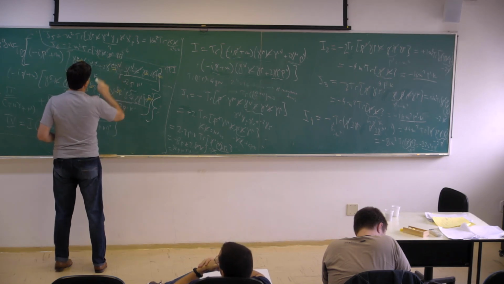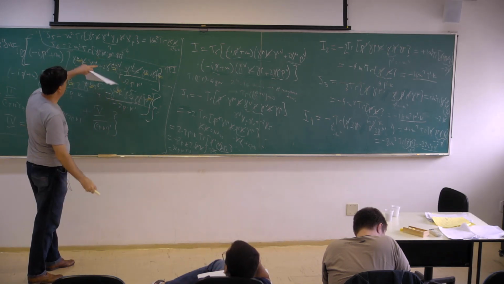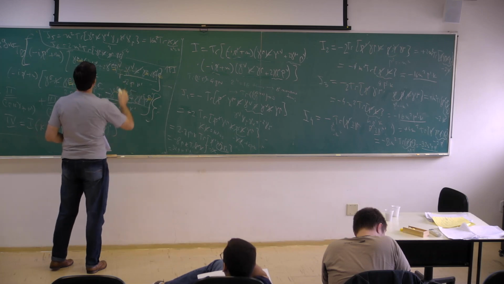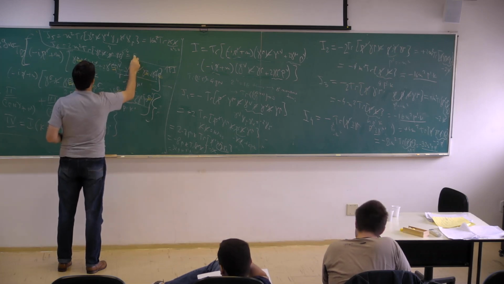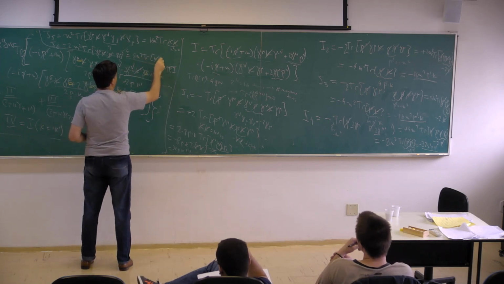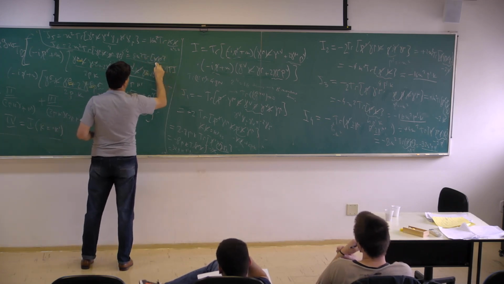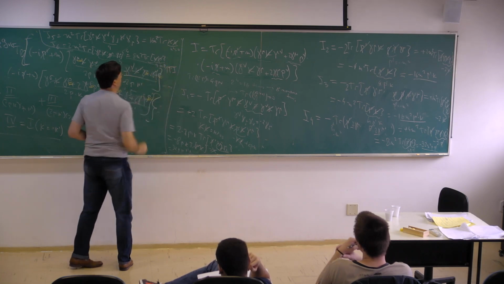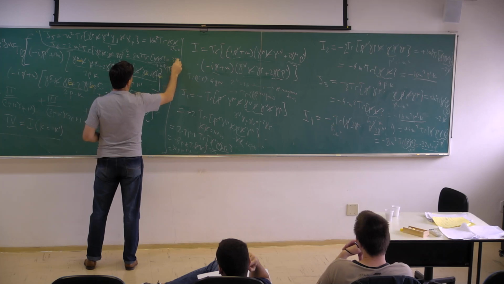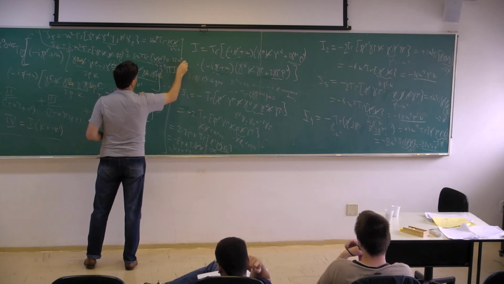And then again, by cyclicity, I put gamma mu in the last position. And gamma mu is 4. So this is 8 m squared trace k slash p slash. This is 4kp. All in all, this is 32 m squared kp.